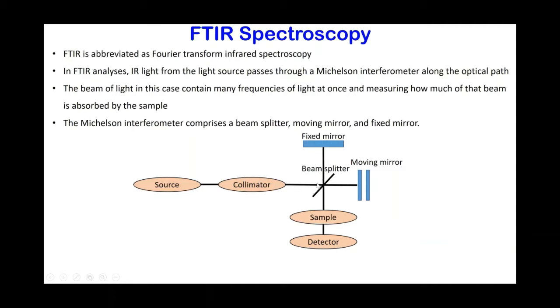Here, nearly 50% of the light is reflected towards the fixed mirror, and 50% of the light is transmitted towards the moving mirror. Now, light is reflected from the two mirrors and then back to the beam splitter.